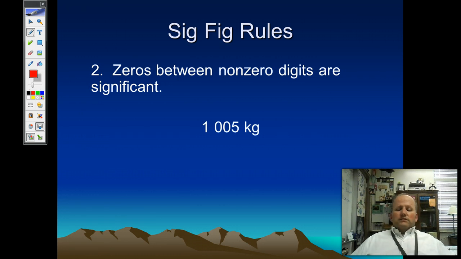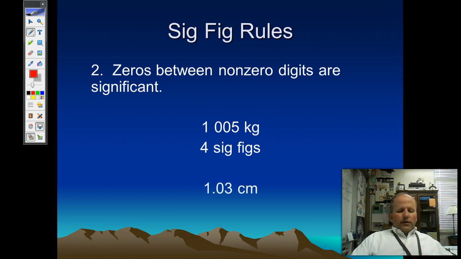How many sig figs does that have? 4. Because the zeros between the 1 and the 5 are also significant. 1.03, the answer, 3. The 1 and 3 are significant because of Rule 1. The 0 is significant because of Rule 2.